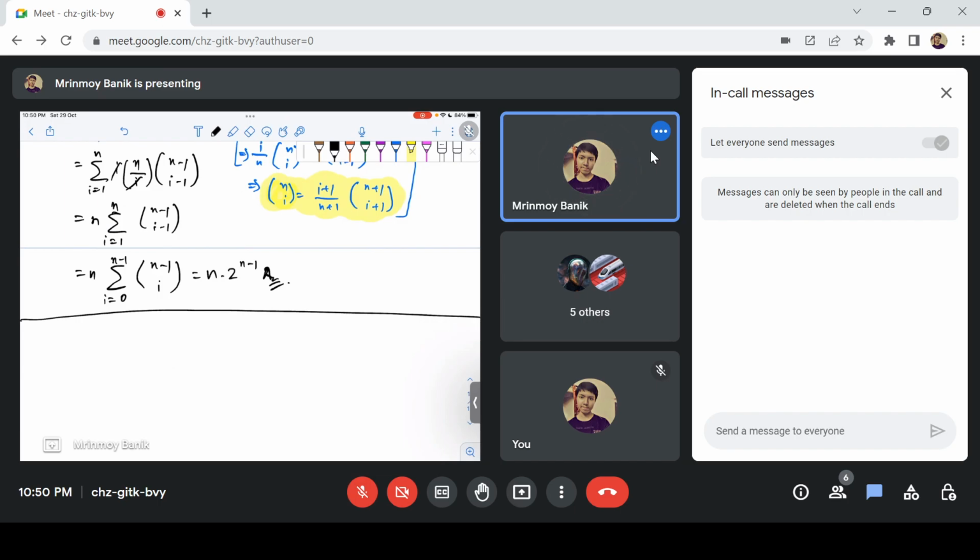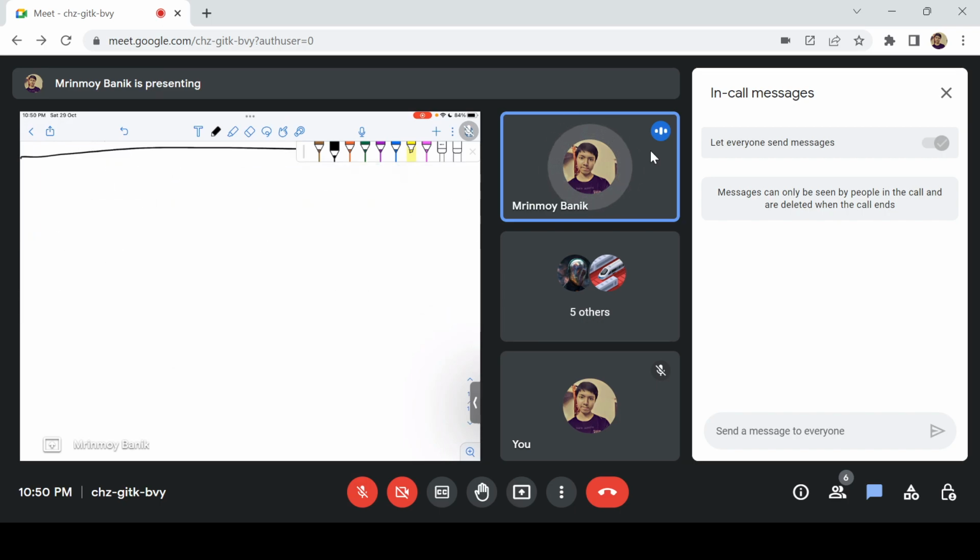Then let's do this one as an exercise. S equals 1 into 2 into nC1 plus 2 into 3 into nC2 plus 3 into 4 into nC3, like that up till n into n plus 1 into nCn.